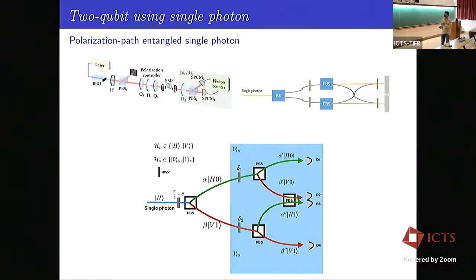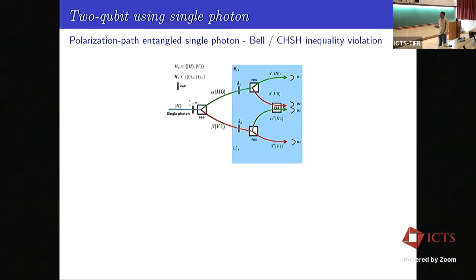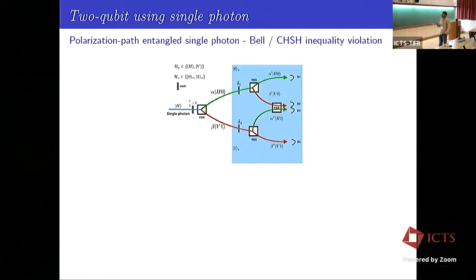This is the Hilbert space dimension. So I can create a two-qubit system out of this with a single photon. In mathematical language, it is only a tensor product of polarization and path degree. My measurement output will be all four possible basis states. So now, how do I show that this is really entangled?